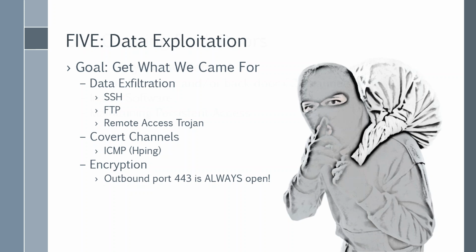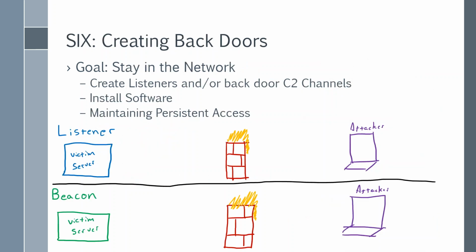I got what I came for, but if I need to get into that network again, I don't ever want to have to go through that same thing, all right? So what I am going to do is create some sort of a back door so I can get in later, all right? So I create either a listener or some sort of a beacon outside your network.